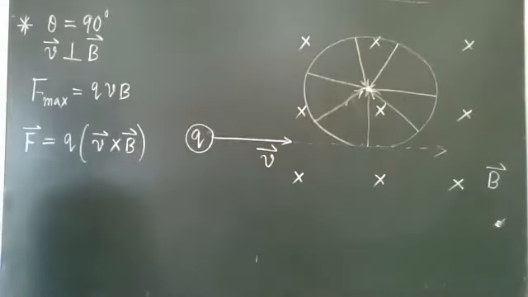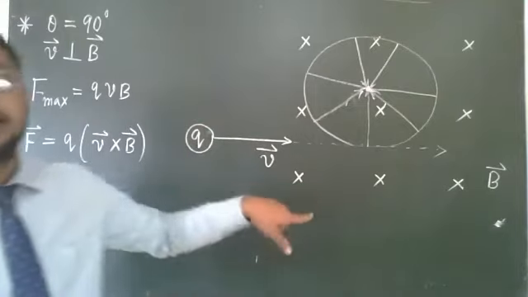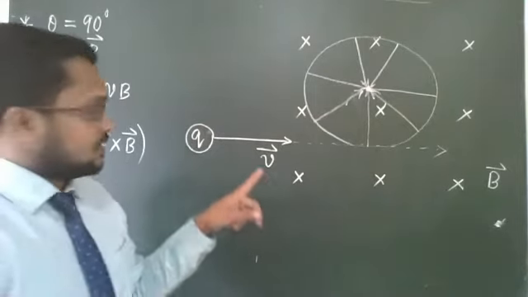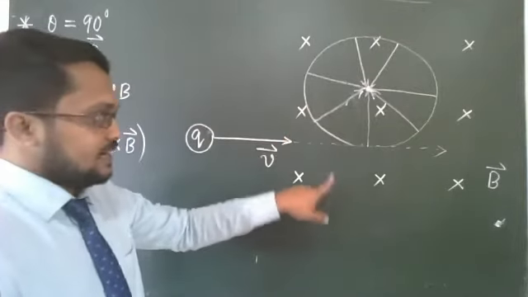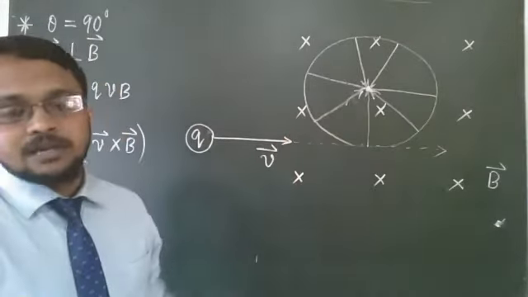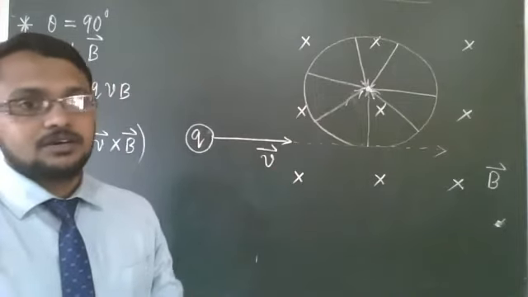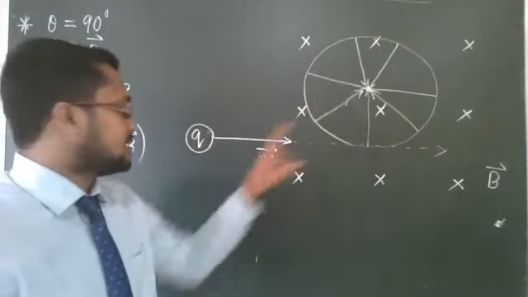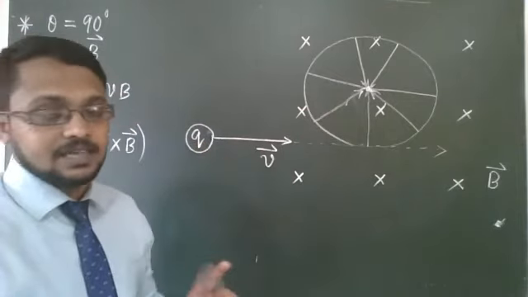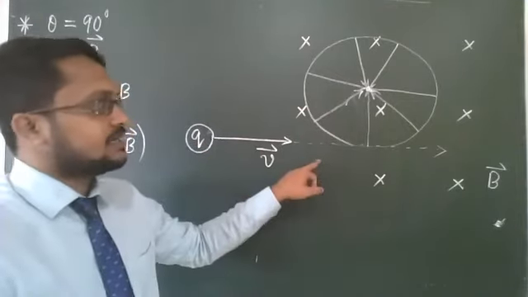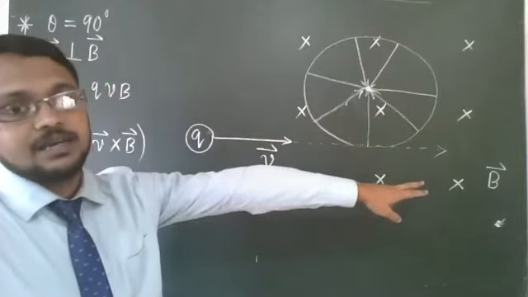So it will move in a circular path when the velocity vector of the charged particle and the magnetic field are perpendicular to each other. In which condition do you get circular motion of a moving charged particle in a magnetic field region? Only when the velocity vector and the magnetic field are perpendicular.